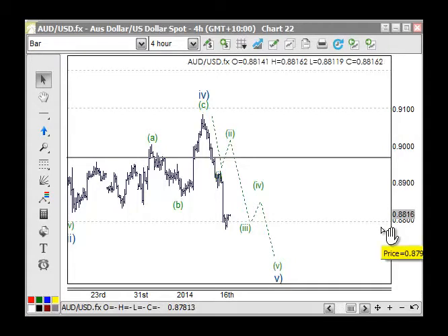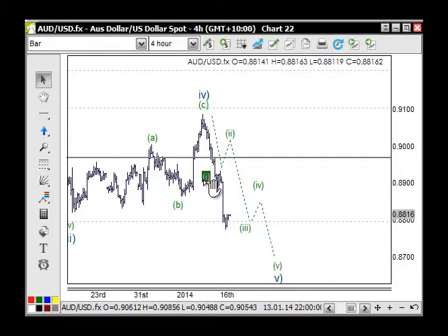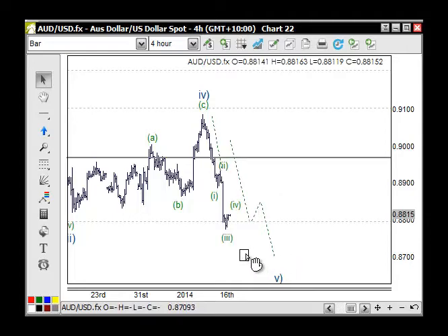Currently, as it stands, we drew this out before this dropped, but we're looking at this as being wave 1 here. Wave 2 never really gave us the full retracement level, so wave 2 there. So this would be wave 3 here, wave 4 here, and wave 5 down through here.